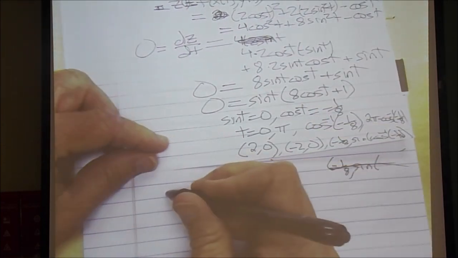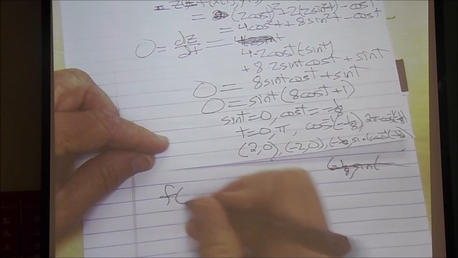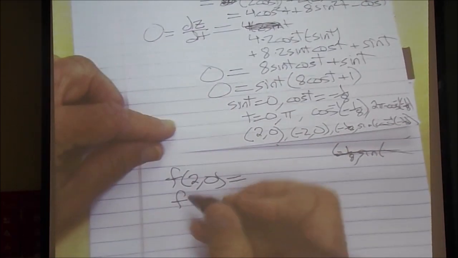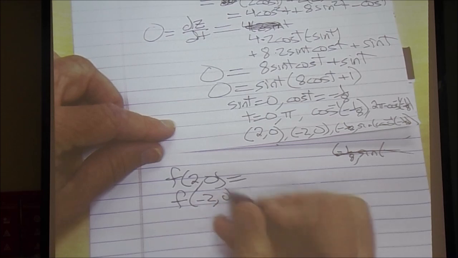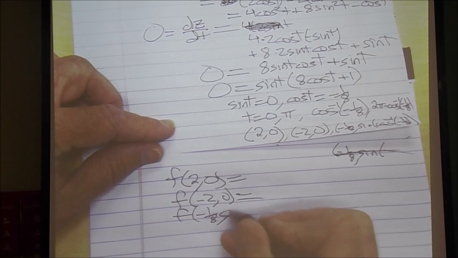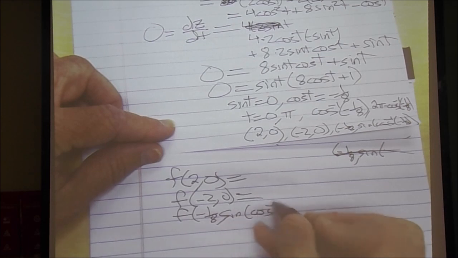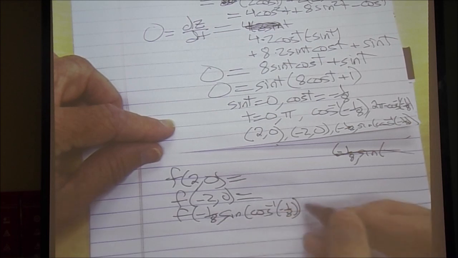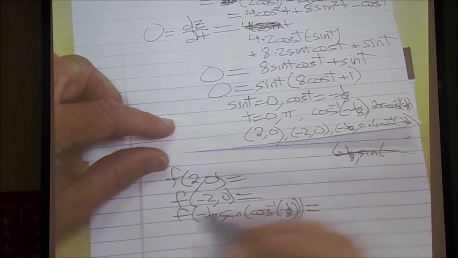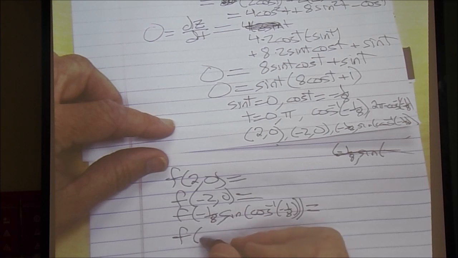So you just plug all these in and take f of (2, 0) equals f of (minus 2, 0) equals f of minus an eighth, sine of the arc cosine of minus an eighth. And this actually reduces to an algebraic expression using trigonometry, the sine of the arc cosine. And then you need f at the interior and f at the other point.